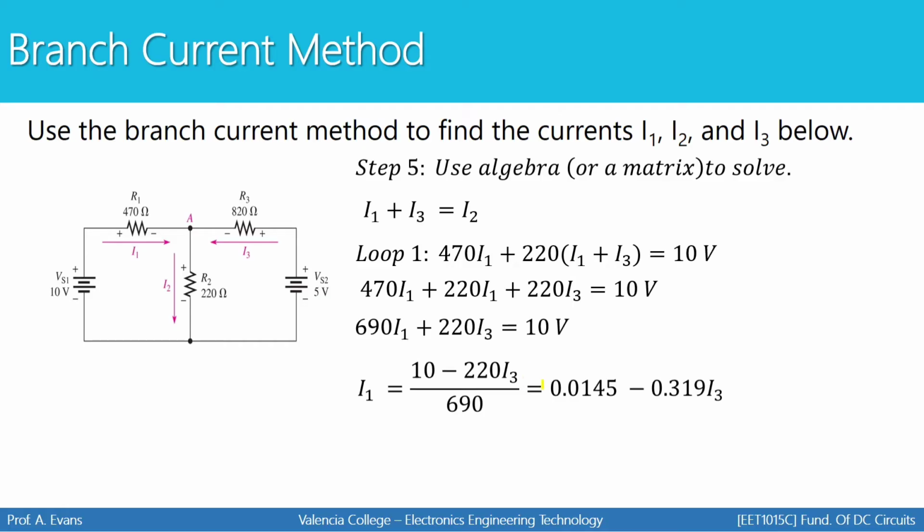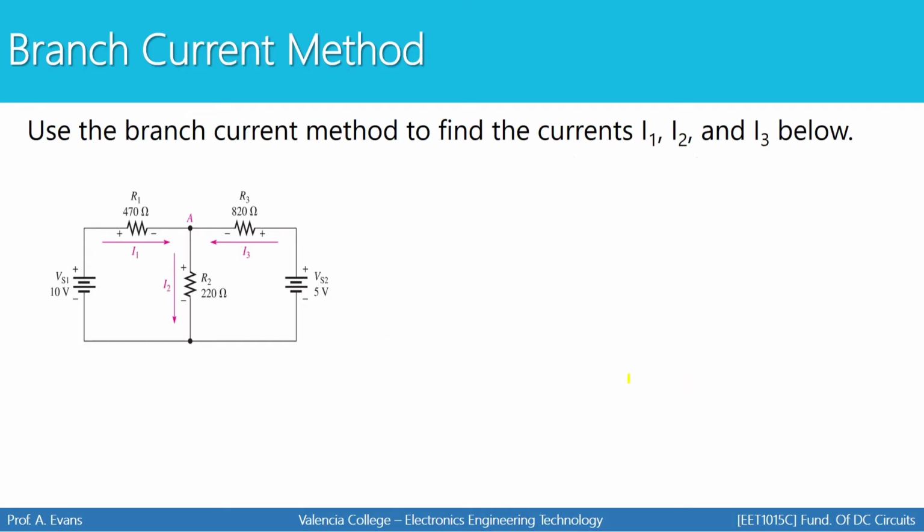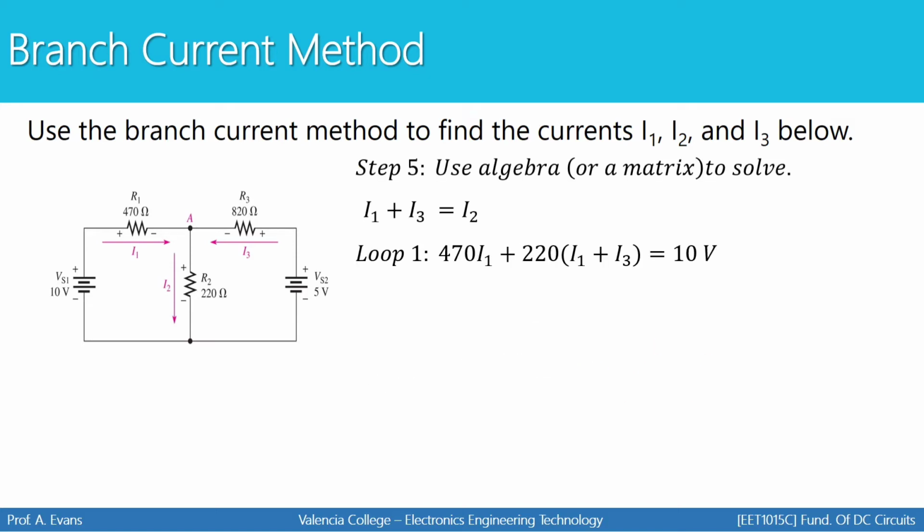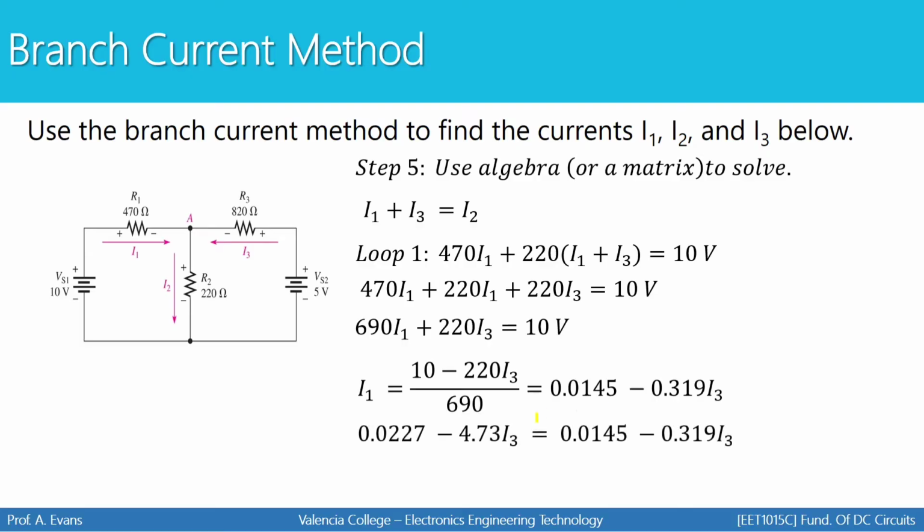I'm going to take those two equations and set them equal to each other. If this is equal to I1 and this is equal to I1, then they're both equal to each other. Now I've eliminated I1 from the picture completely, and I have one equation that I can use algebra to solve for I3.